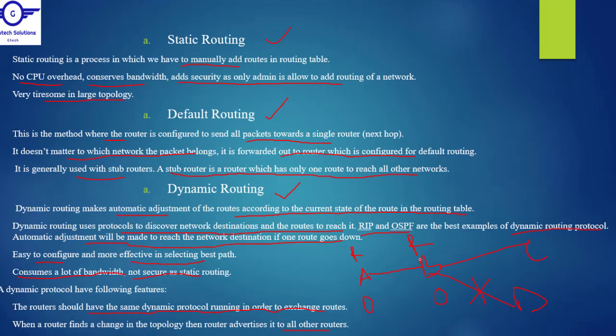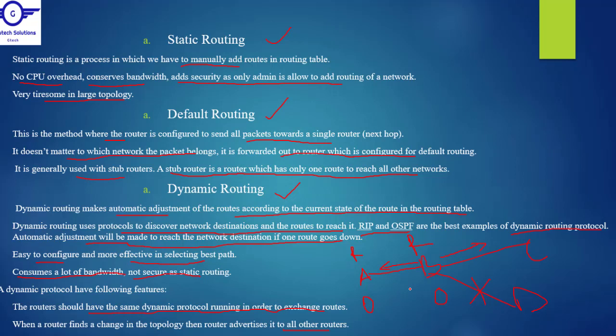So router B will realize that router D is down, and it will update its routing table and send the update to router A and router C, so that router A and router C can also update their routing tables.